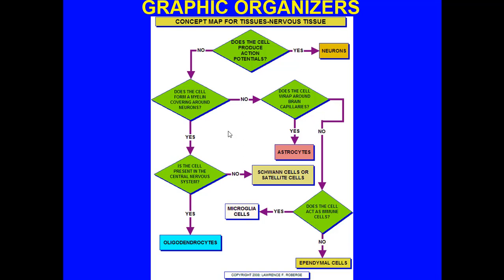If it's yes, it's oligodendrocytes. If it's no, then in the peripheral nervous system, we have what we refer to as Schwann cells or satellite cells. But let's go back to the myelin covering. If it doesn't have that, does the cell wrap around the brain capillaries? If that's yes, that's astrocytes. If it's no, then the only other question you have is, does the cell act as immune cells? If it's yes, it's microglia cells. If it's no, it's ependymal cells.